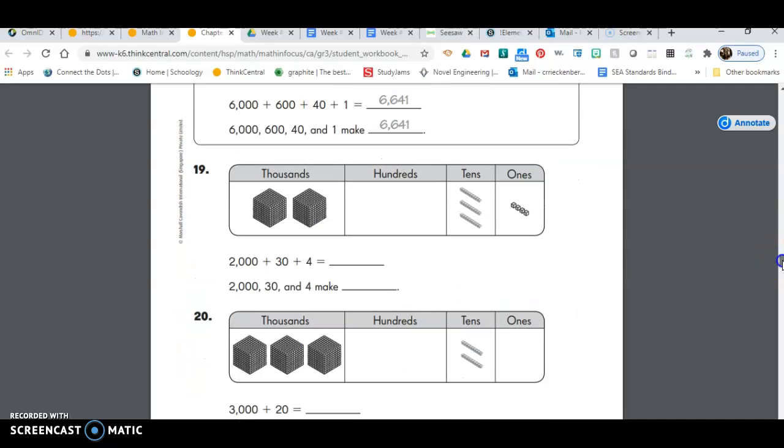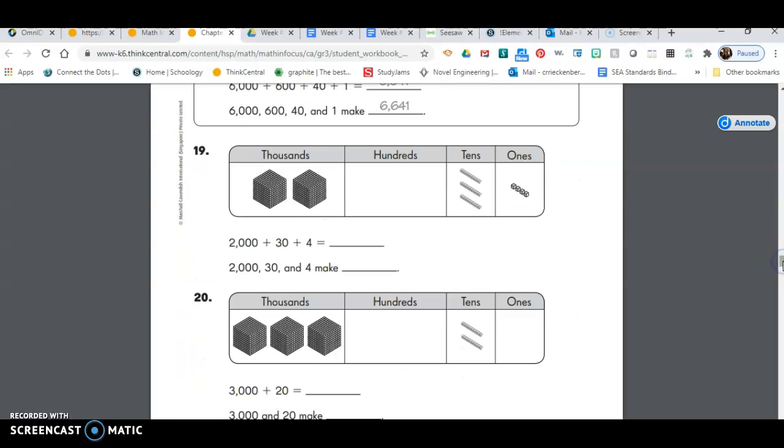So then when I get to the practice down here, I notice that, oh man, there's nothing in the hundred space right here. So what I'm going to do is, when there's not a model there, that means it's 0. And you can see that right down here. So I'm going to write this in standard form, and then I'm going to write this in standard form again.